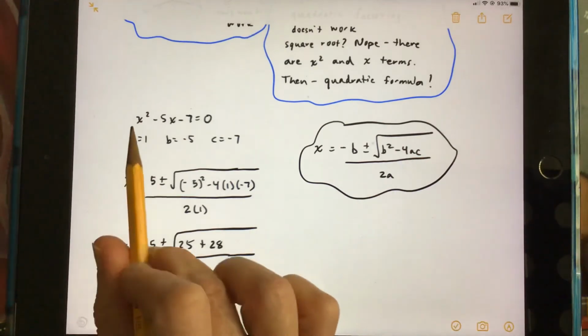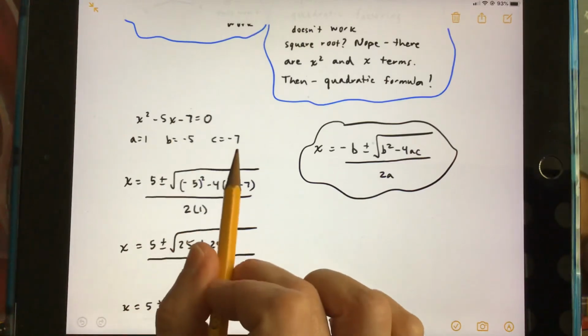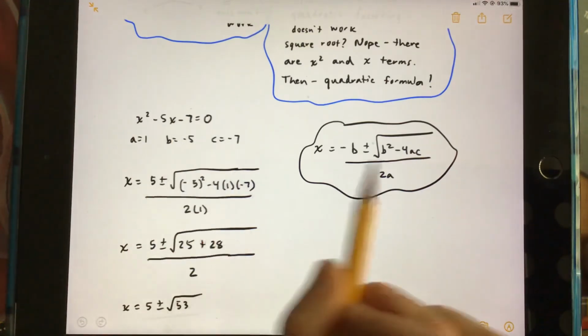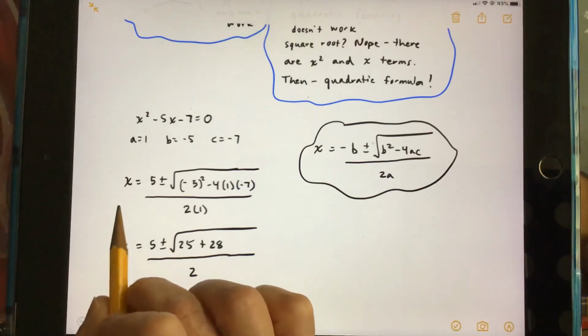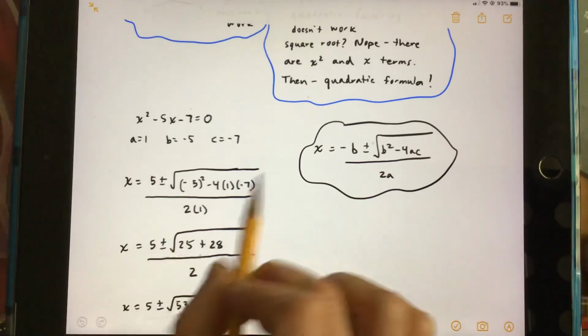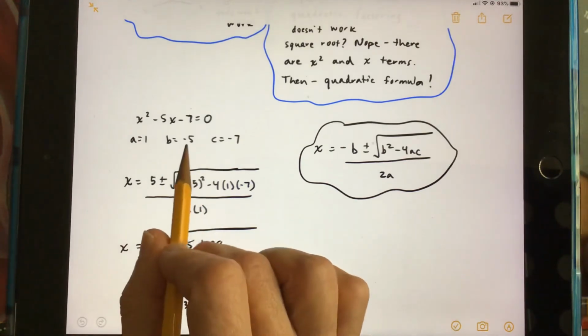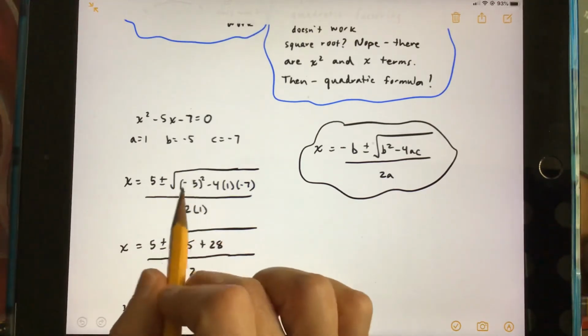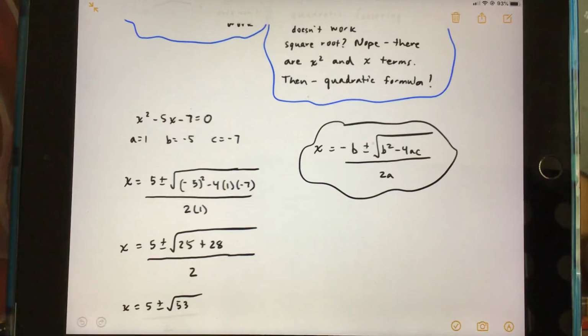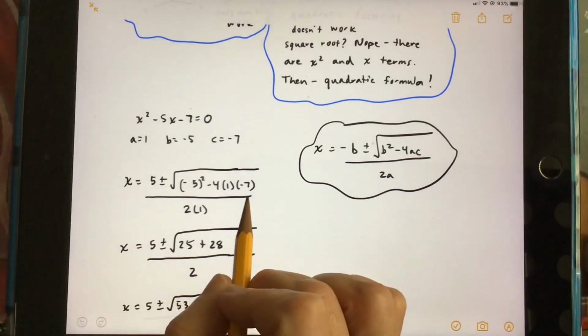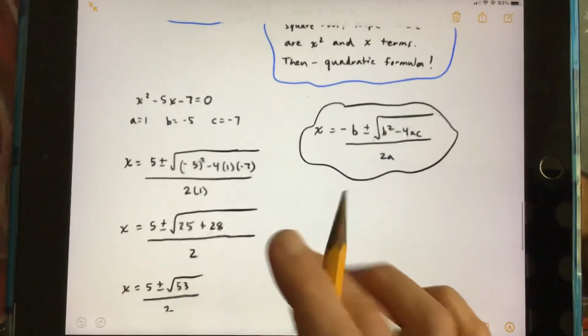Here I am pulling off my a, my b, and my c, plugging a, b, and c numbers into this quadratic formula, and I have x is equal to 5 plus or minus the square root of, in parentheses, negative 5 quantity squared. Because b is a negative number, we must put that negative 5 in parentheses to show that we're squaring the negative 5, not just positive 5. Okay, so minus 4 times 1 times negative 7 all over 2 times 1.